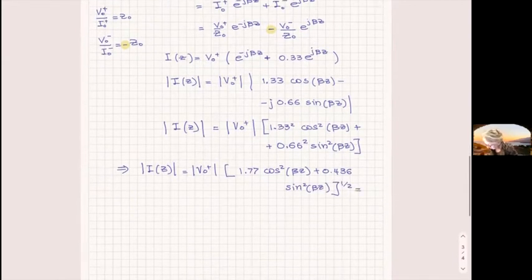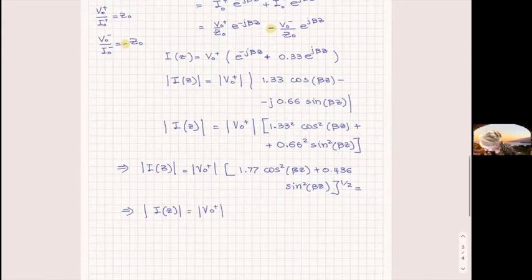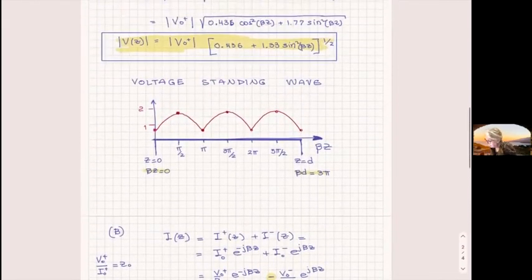Which in fact gives us the magnitude of I of z.